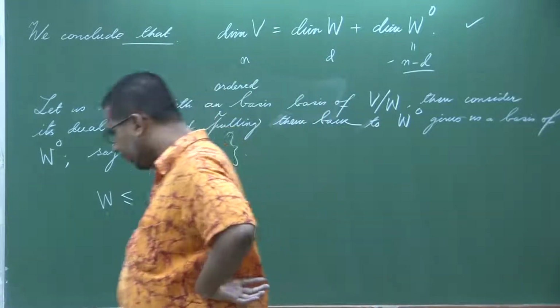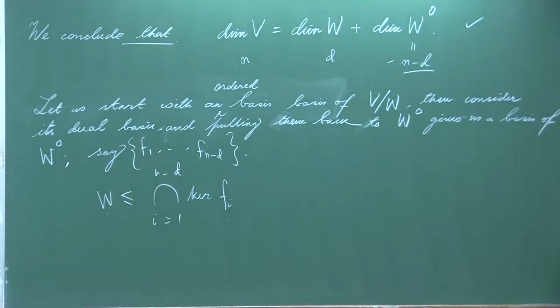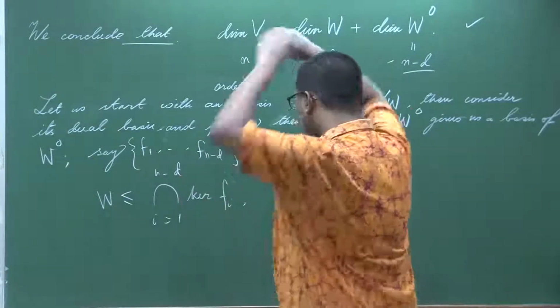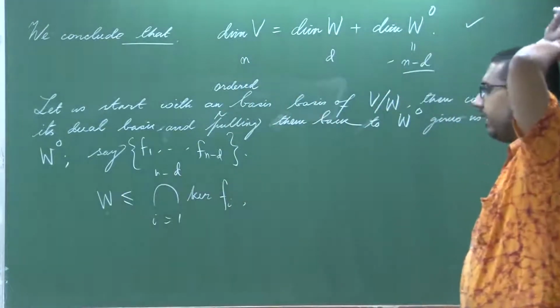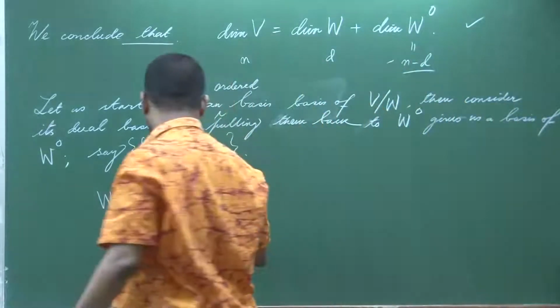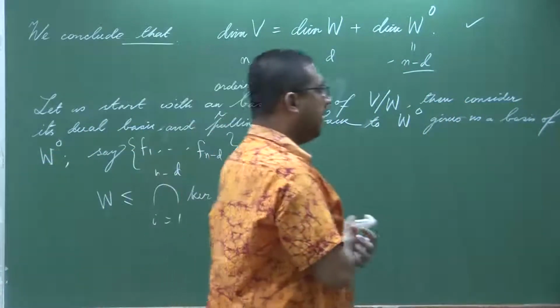Now one needs to prove the other direction. So how to prove the other direction? Suppose something lies in the kernel of every fi.